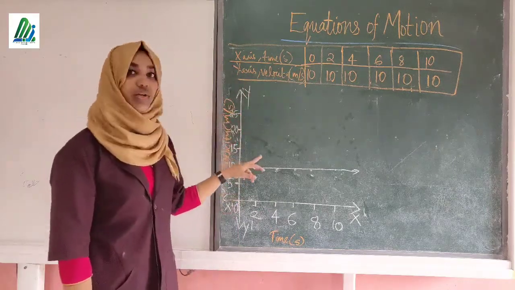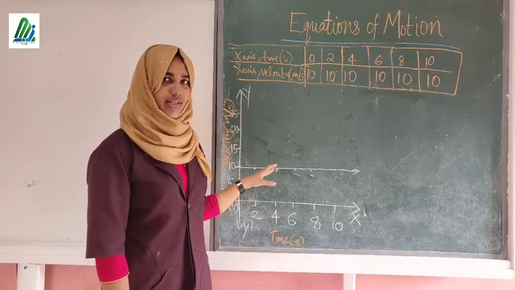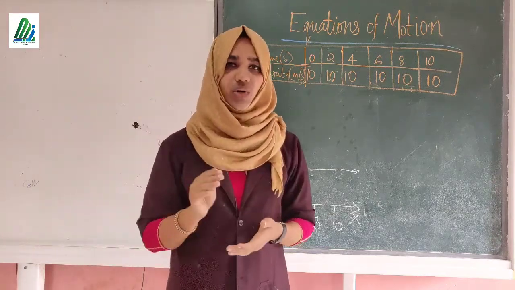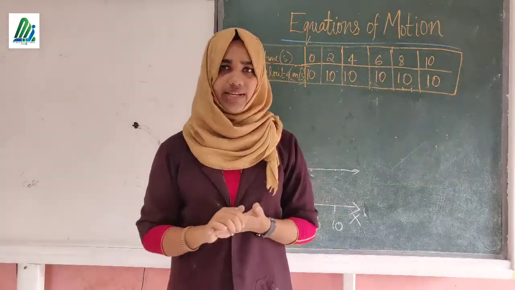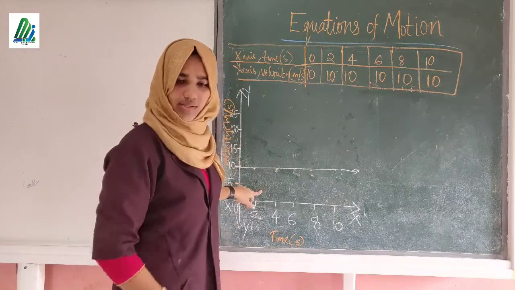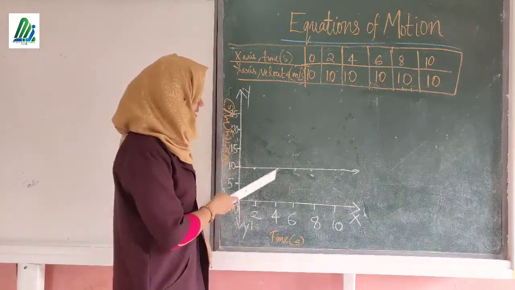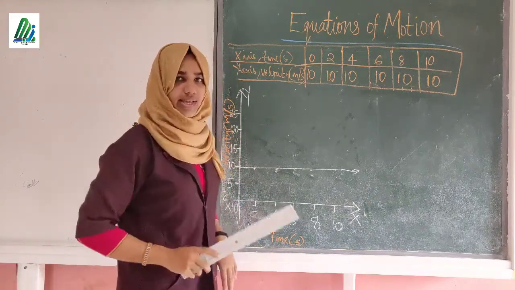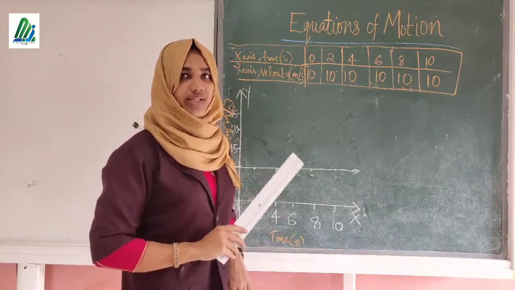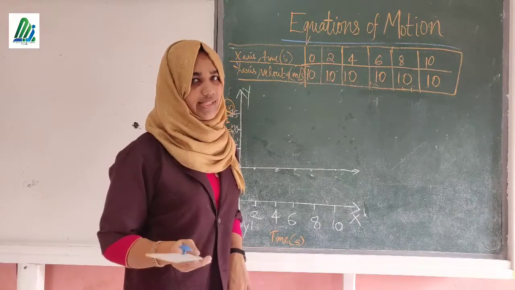Is it clear? I told you that while joining the points, we will get a straight line graph. This straight line is parallel to the x-axis, isn't it? In this velocity time graph, we will get a straight line that is parallel to the x-axis.